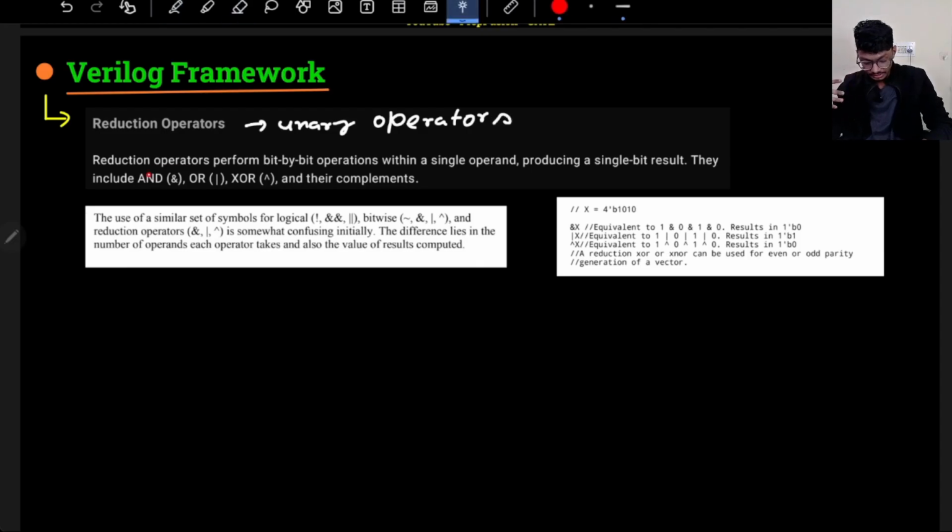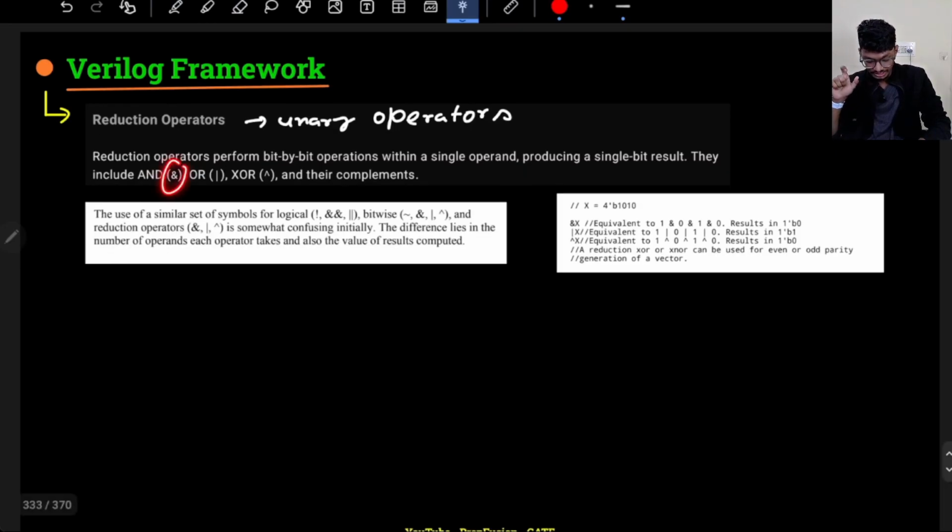Okay, so reduction operators perform bit by bit operations. So we will see this. First I have AND. So if you see, this is the same as bitwise AND, but as I am performing the operation on a single operand, the compiler will understand that it is a reduction operation.